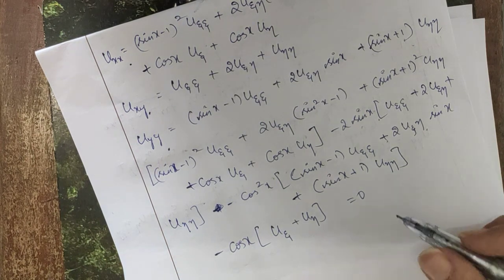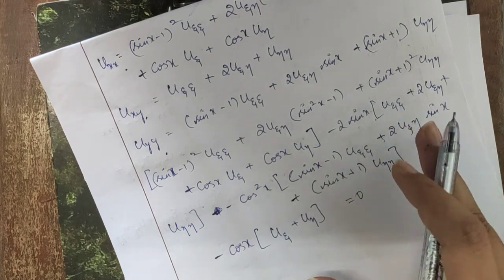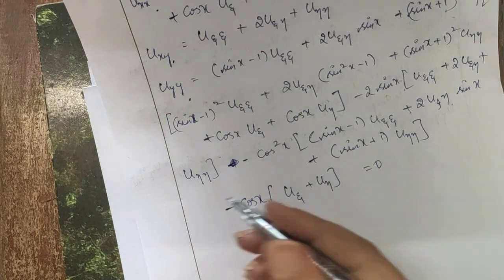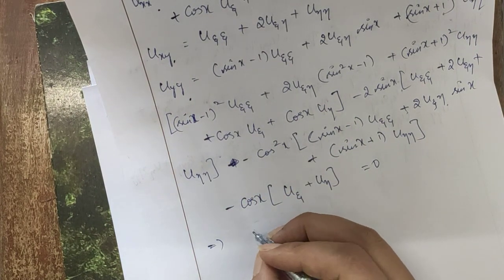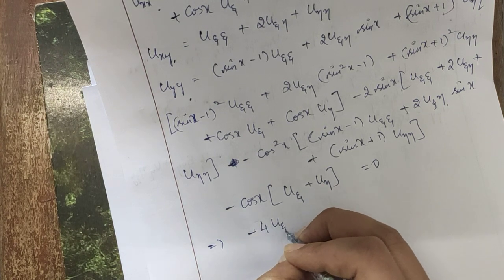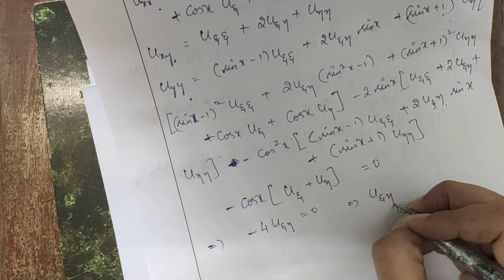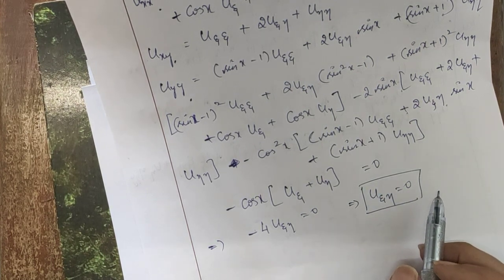So now you have to simplify this. If you simplify all terms, you will get the final result as minus 4 u xi eta is equal to 0. This is nothing but u xi eta is equal to 0. You will get this as your final result.